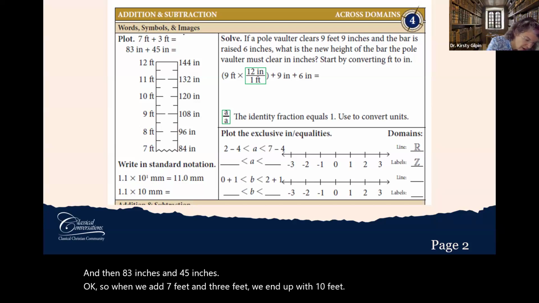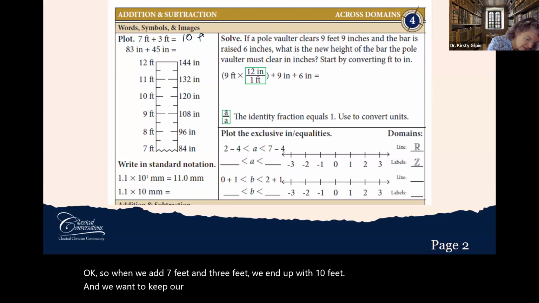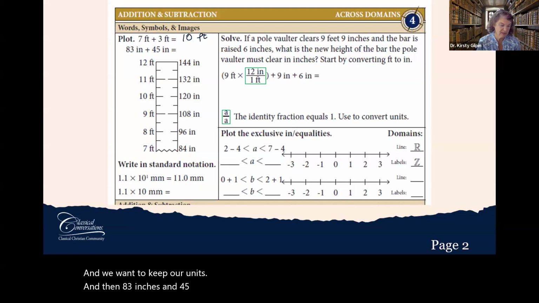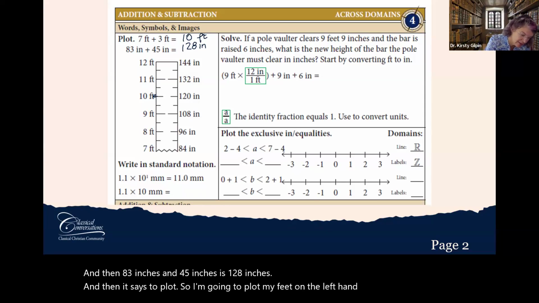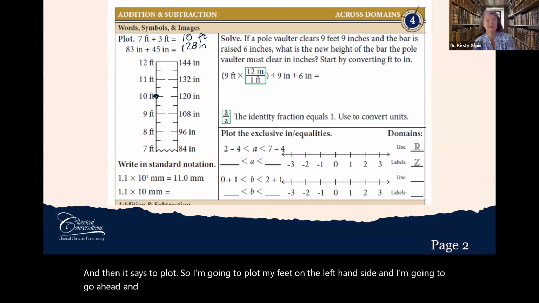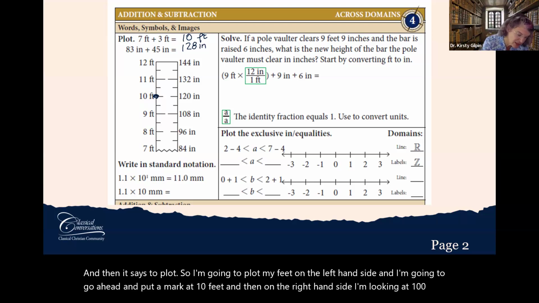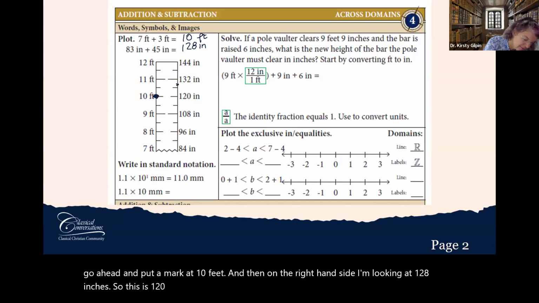We want to keep our units. And then 83 inches and 45 inches is 128 inches. And then it says to plot. So I'm going to plot my feet on the left-hand side, and I'm going to go ahead and put a mark at 10 feet. And then on the right-hand side, I'm looking at 128 inches. So this is 126. So a little bit above that is going to be 128 inches.